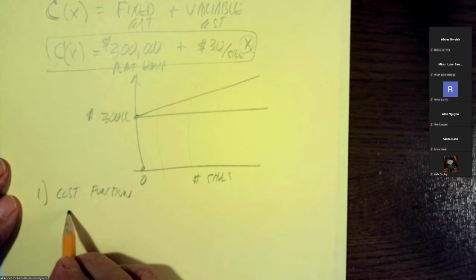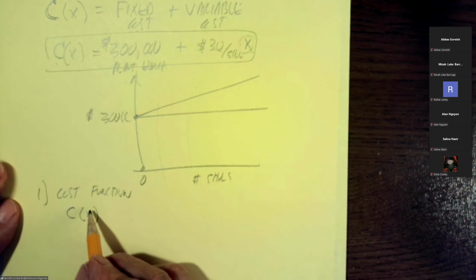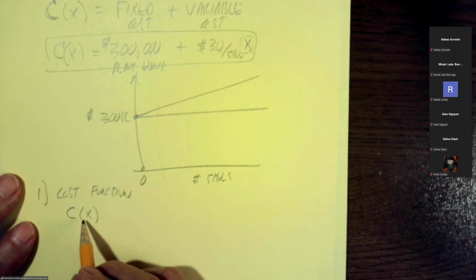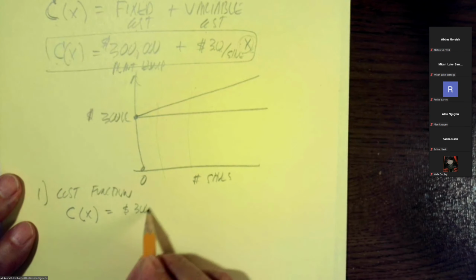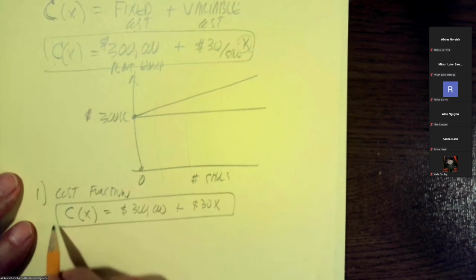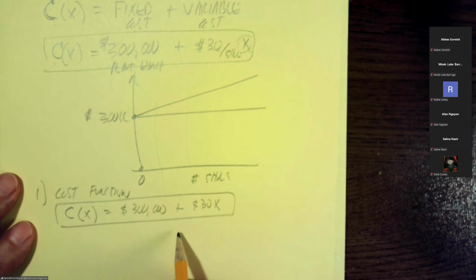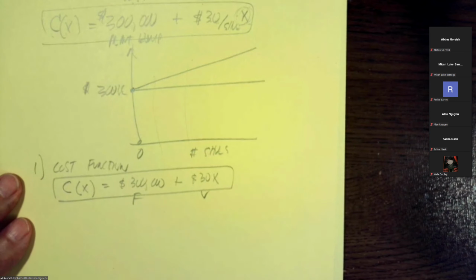That is to say, cost as a function of the number of shoes produced. Then you would say, it's going to cost me 300,000 plus 30 per shoe. So that'd be a cost function of producing X pairs of shoes. This would be fixed. That would be your variable cost.